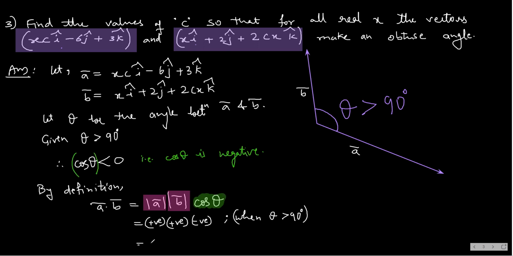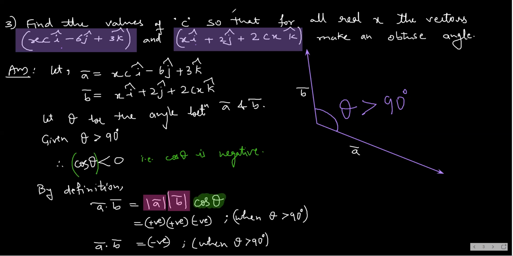Positive into negative is negative. So a bar dot b bar is negative when theta is greater than 90 degrees, that is, when theta is an obtuse angle. Remember, when theta is obtuse, a bar dot b bar is negative.